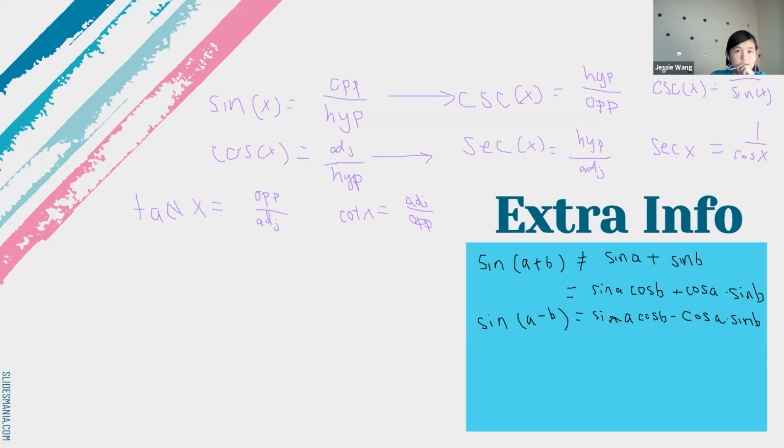If you want to find cosine, let me switch colors. We have cosine of A plus B. This is a little different from the one in sine.